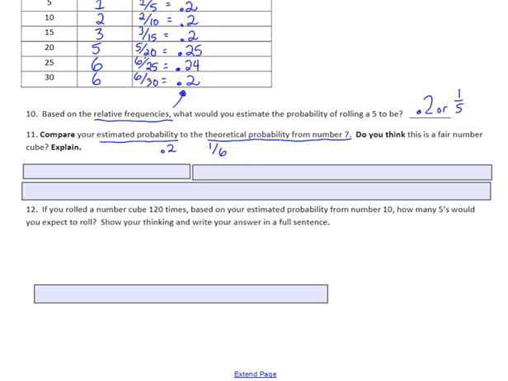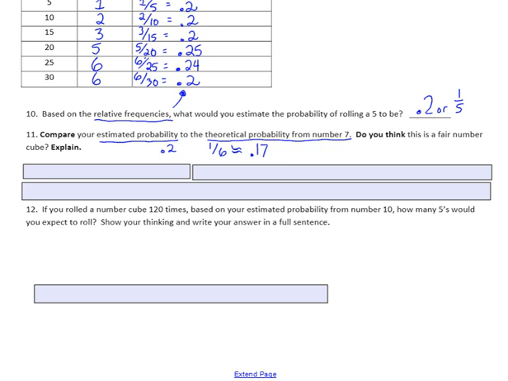In order to compare them, I would like them to both be decimals. So I'm going to convert 1/6 to a decimal. 1 divided by 6 is 0.16 repeating. I'm going to round that to the nearest hundredth and estimate that to be approximately 0.17.